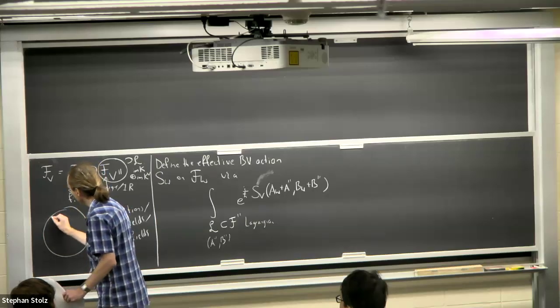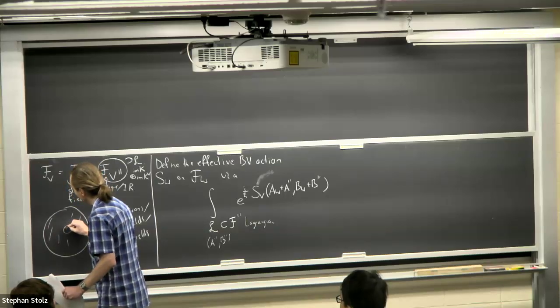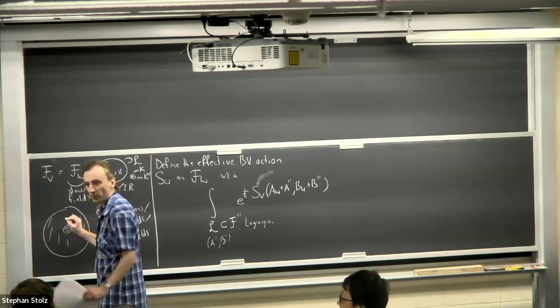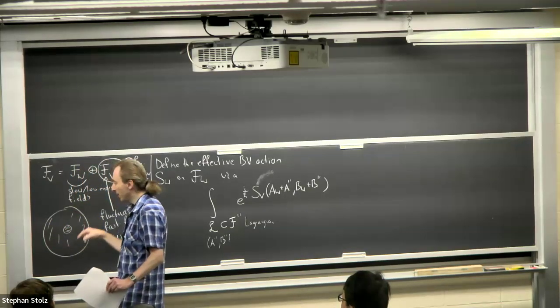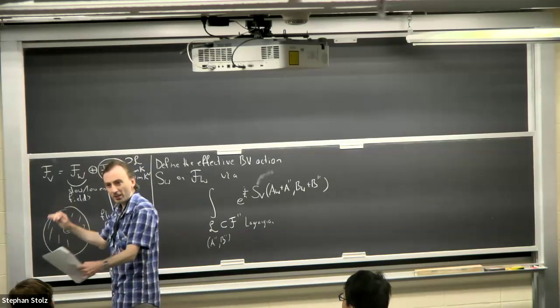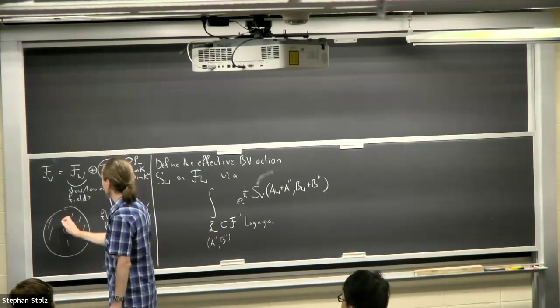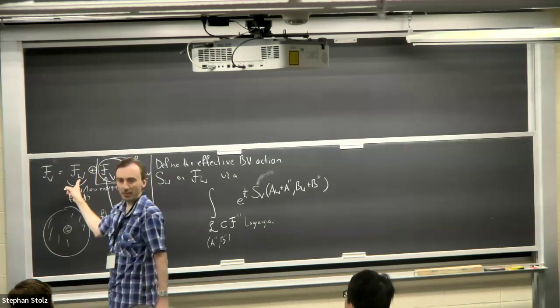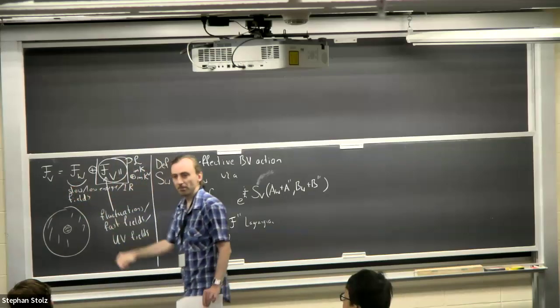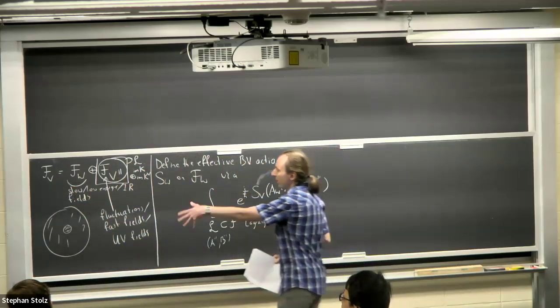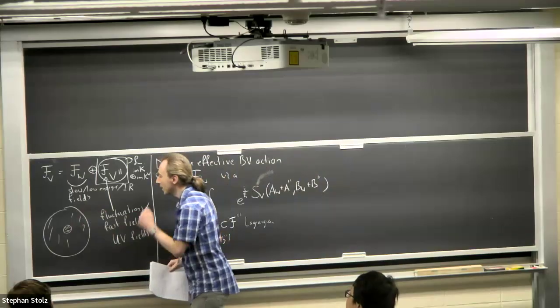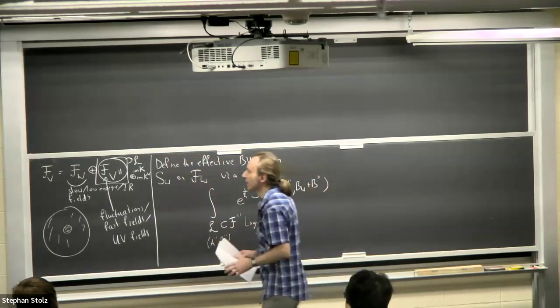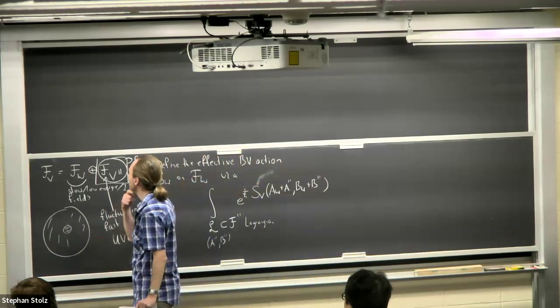You are integrating out fields with large enough momenta and considering the resulting action depending on fields of small momenta. So this is a spherical layer in momentum space. The part that I'm integrating out is this part, and the part that I'm leaving in the game is this part. That's going back to the 60s or 70s and Wilson's RG flow picture.